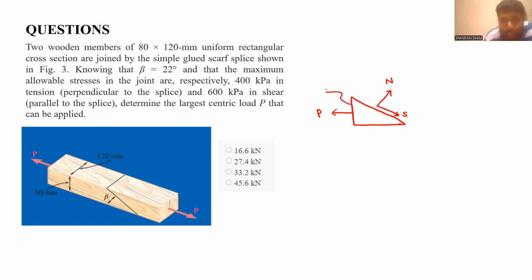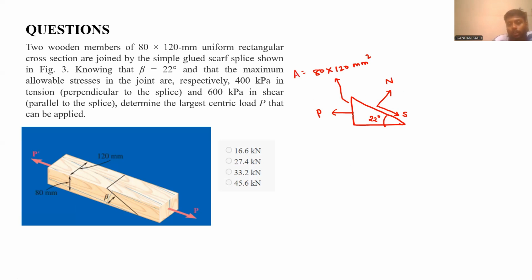And this area is 80 into 120 square. This angle is given as 22°, and this is 80 into 120 square. And let this be A.